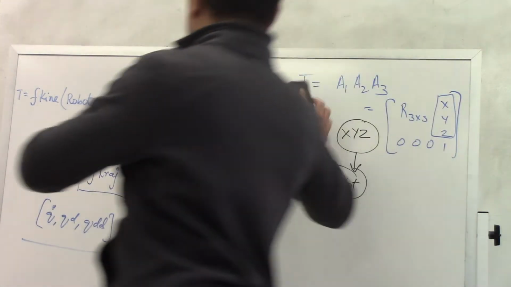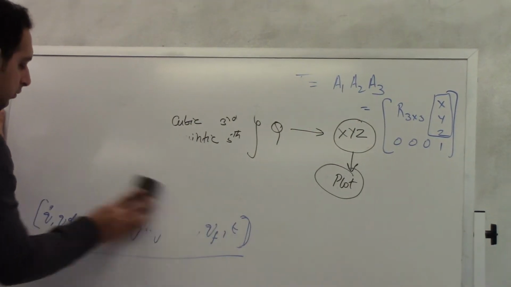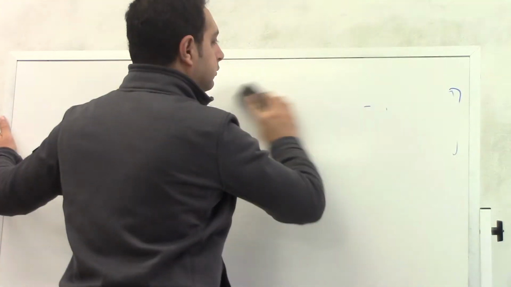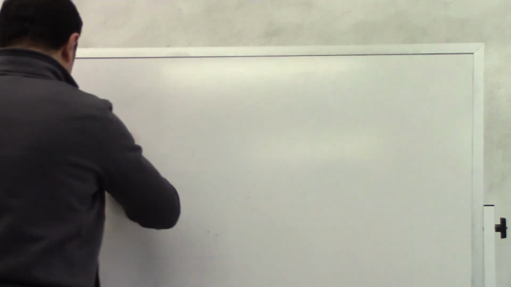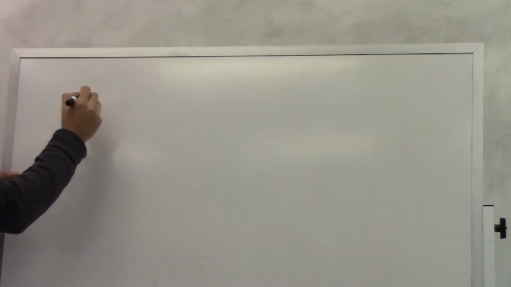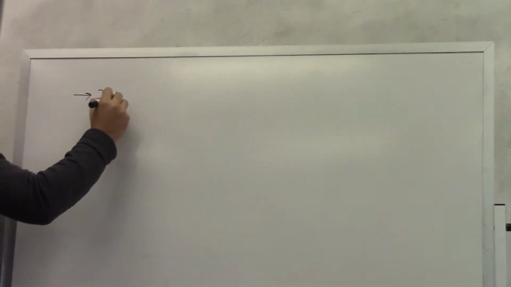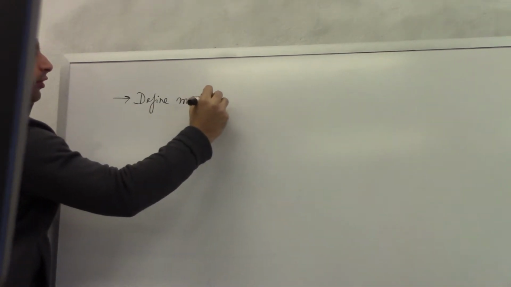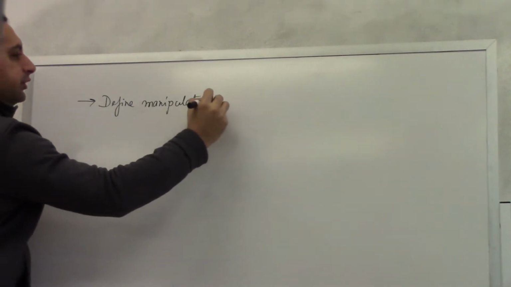So in this case, we'll just list out what we need to do here. First, you'll define the manipulator by its DH.